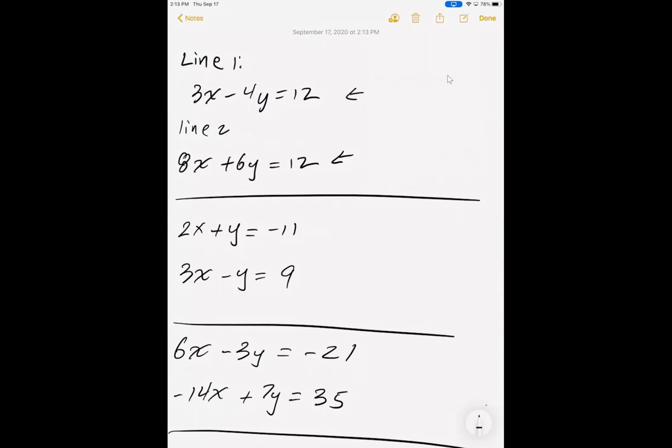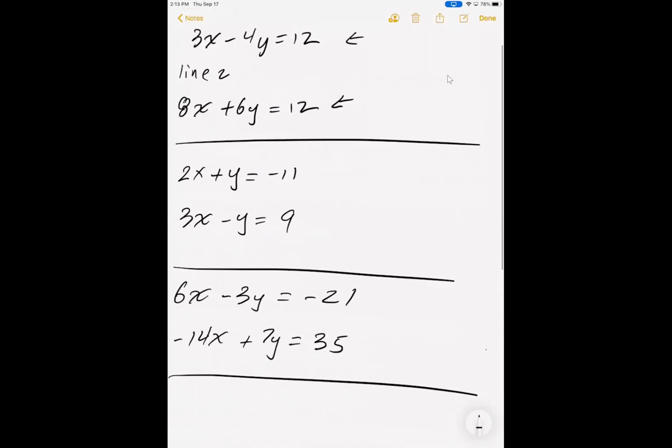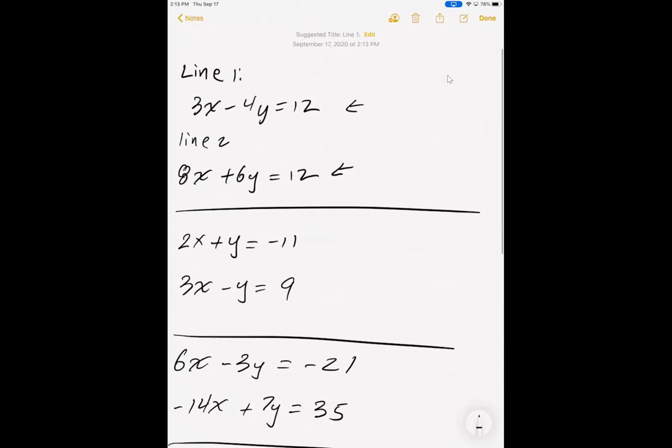If you were to do this item, reminder, our goal is to get it in slope-intercept form, which tells us that y equal to mx plus b. If it's in this form, whatever number is in front of your x is your slope, and whatever your constant b is, that is your y-intercept.